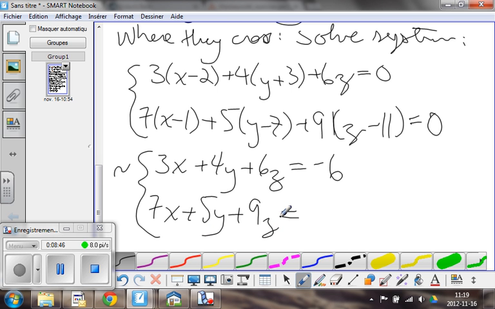For the second equation, can you put this in the calculator? It gives 141, minus 141 when you put it on the other side.